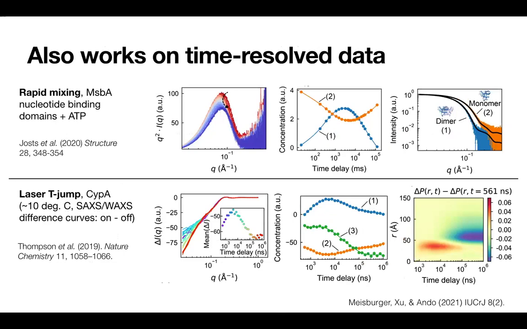Okay, so this also works on time resolved data, and this was fun. We hadn't taken any time resolved data in the lab, so we looked on open databases to see who had deposited interesting data sets, and these are a couple that we found. One is a rapid stop flow mixing data set on this protein MsbA, actually the nucleotide binding domains of that protein, being mixed with ATP.